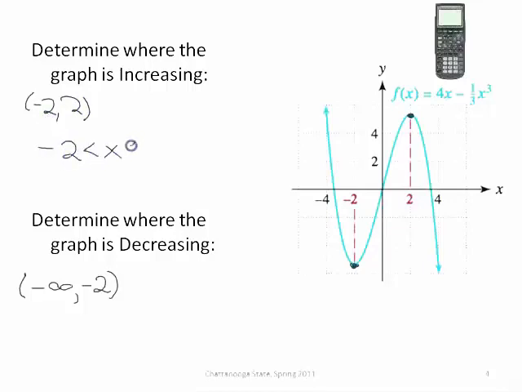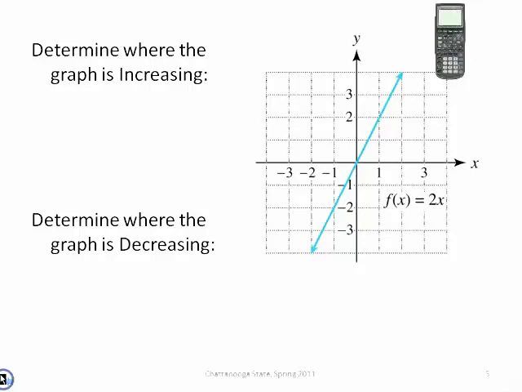If I were to write that with inequality notation, it would look like that, where x is between -2 and +2. And once I get past the +2, the graph starts decreasing again. So that would be the interval that starts at +2, and then the x's go to infinity. Because that's two separate intervals, I have to use a union symbol between them.